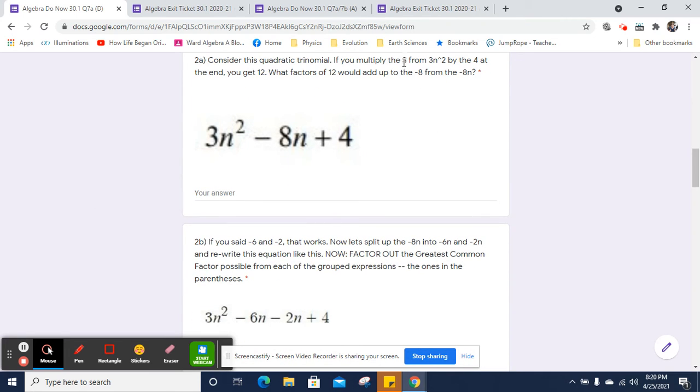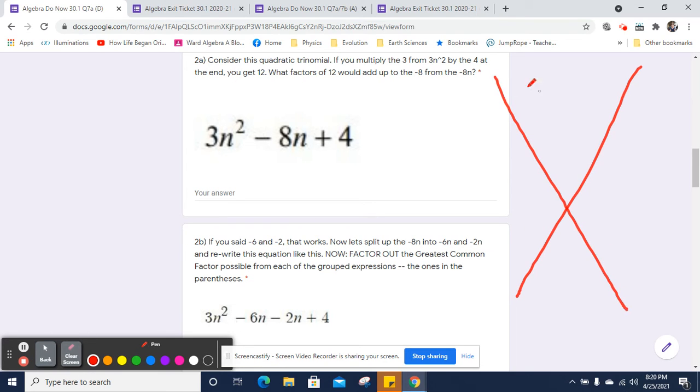Now let's take a look at this one. So we've got the 3 in front of 3n squared, and the 4, so this 3 and this 4. We're going to multiply them together. And here I'll do a little x thingy so you can see what I mean. So I'm doing 3 times 4, and that's going to get me 12. And so I want to get 2 factors of 12 that add up to negative 8.